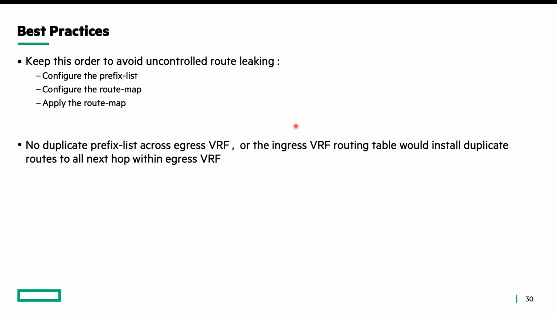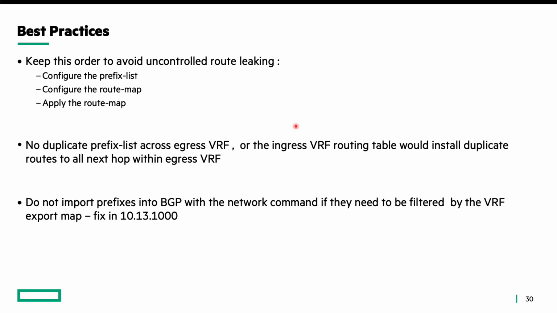If you leak the same prefix to an ingress VRF, the problem is that this ingress VRF will install these different routes into its routing table, which will make it completely unusable because it's not possible to do an ECMP between different VRFs.